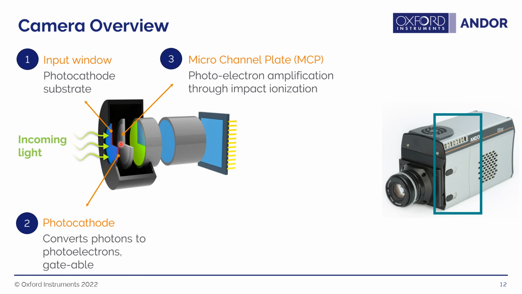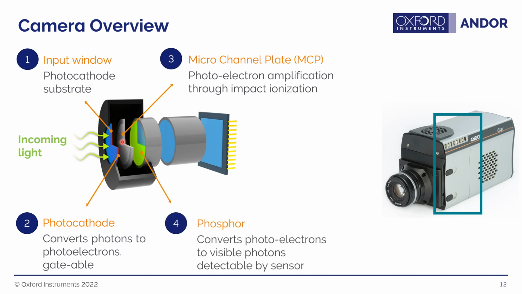When the photoelectrons hit the walls in the channels of the microchannel plate, every time it hits a wall, it has the possibility to create more electrons that come off of the wall, and so there's an amplification of each electron collision on that wall through the channel as it's traveling through the microchannel plate.